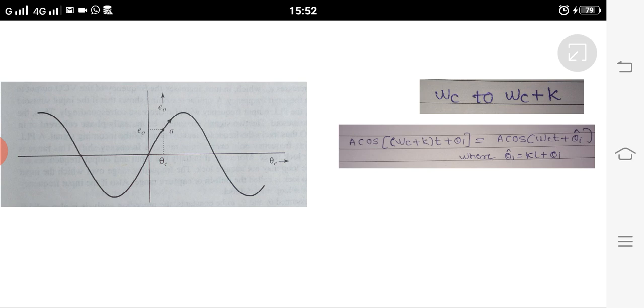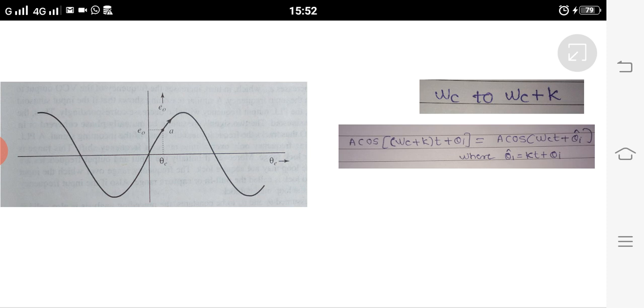Suppose that the loop is locked, meaning that the frequency of both the input and the output sinusoids are identical. This means things are in a steady state, and therefore theta I, theta naught and theta E are constant.